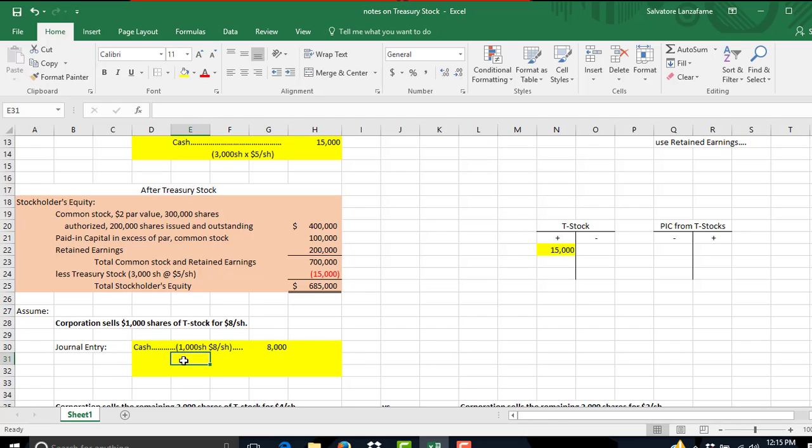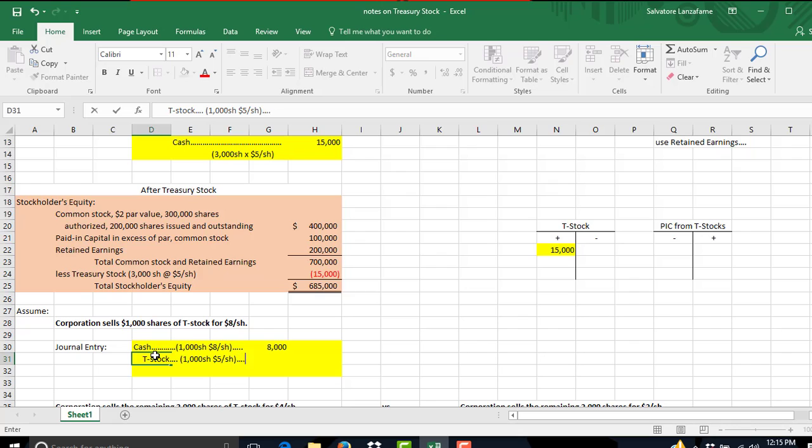We have to remove the treasury stock from the books. The treasury stock went onto the books at the pivot value, so it's got to come off the books at the pivot value. So I'll just use T stock again as the abbreviation. These same 1,000 shares are now going to come off the books at the original pivot of $5 per share.